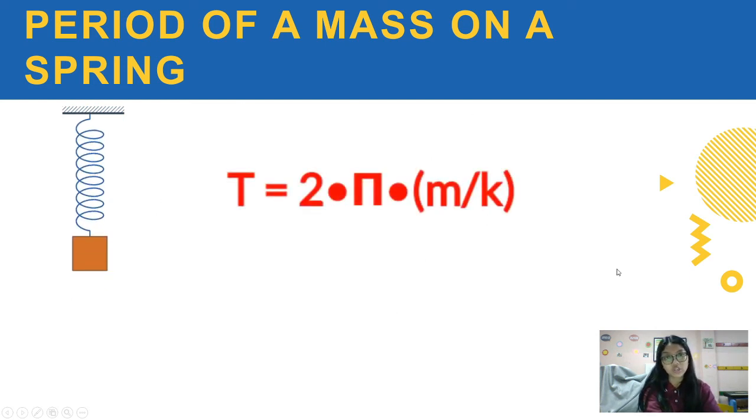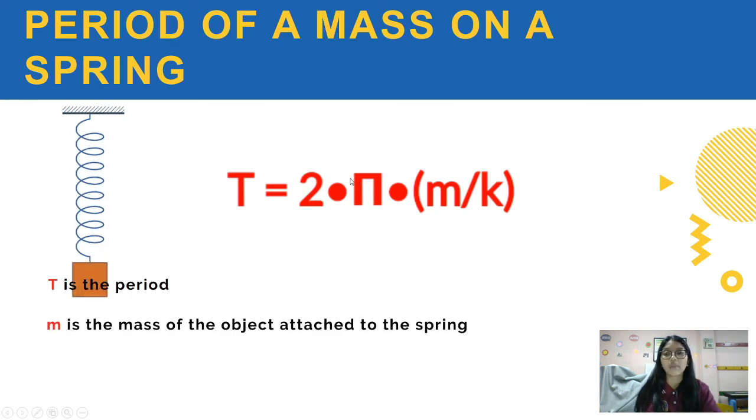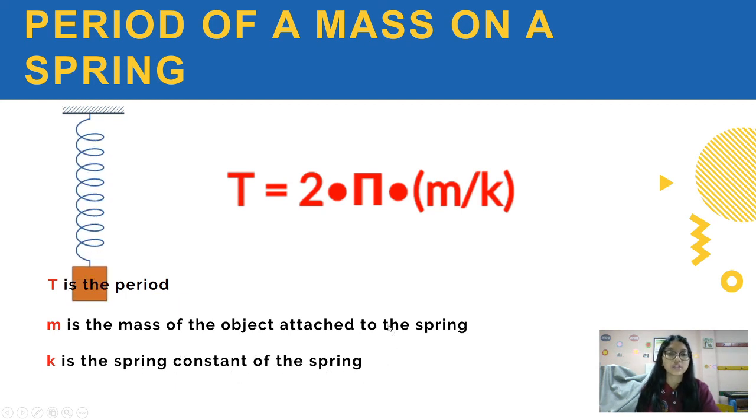The equation of the period is T equals 2 times pi times the square root of m over k, where T is the period, m is the mass of the object attached to the spring, and k is the spring constant of the spring.